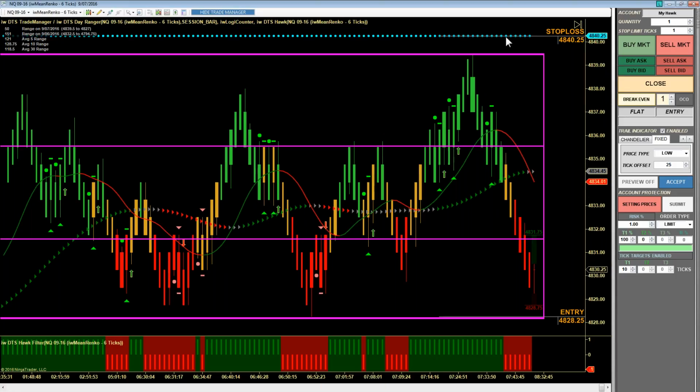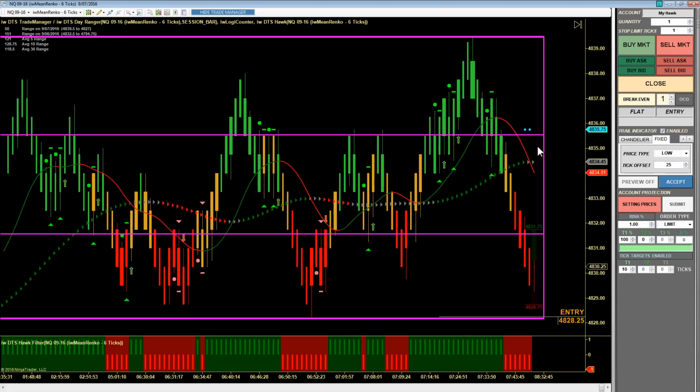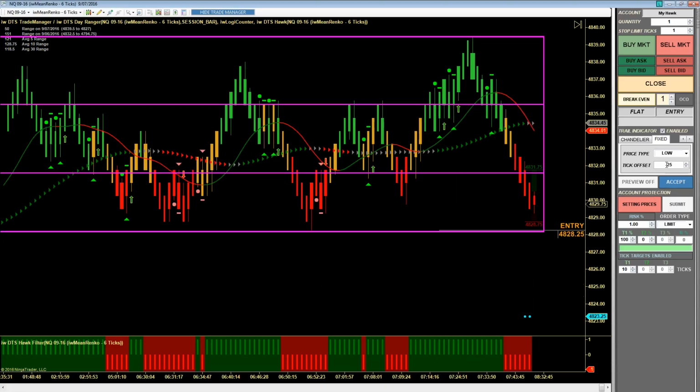Notice how it's displaying on the wrong side. I want it below the market, so I need to put a little minus sign in front here. Sometimes you need to adjust it. Okay, so there's my stop.